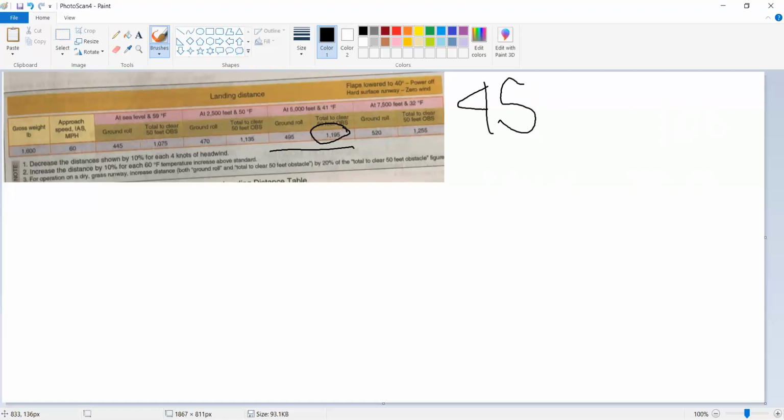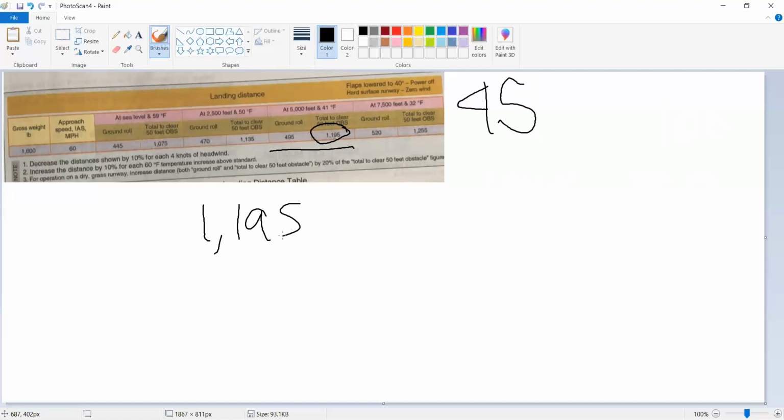All right. So we're dealing with this number, 1,195. Temperature is standard, right? Nothing needs to be adjusted. The headwind is 8 knots. Well, that's a situation.